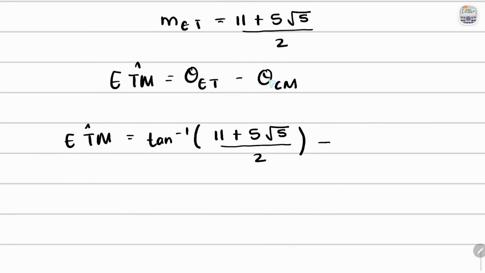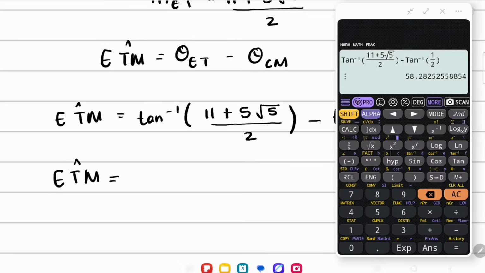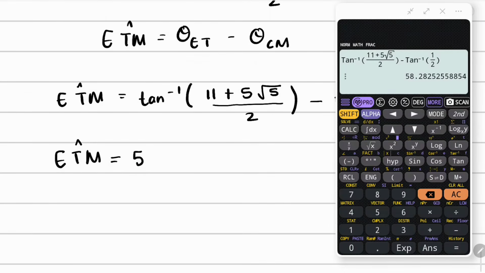The gradient was a half, so that's going to be minus shift tan of a half. Okay, now that will give us that angle ETM. Let's go ahead and find that. And there we go. We get 58.28 degrees. Okay, so that is that.